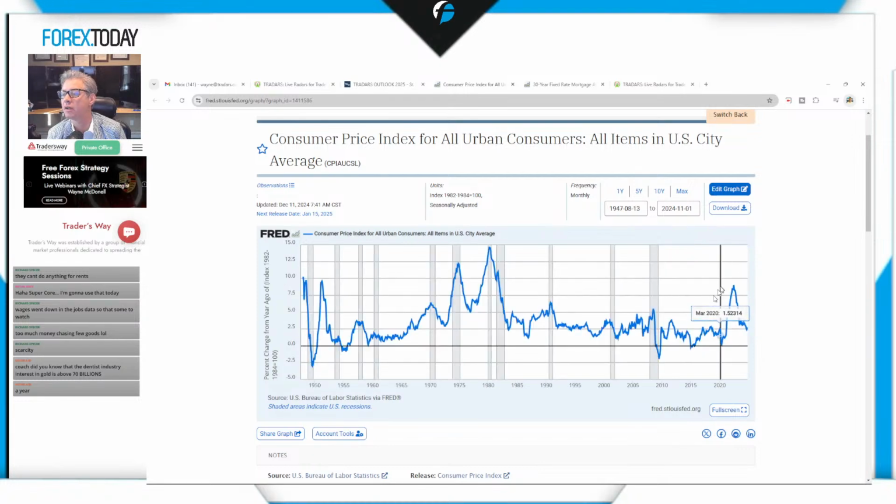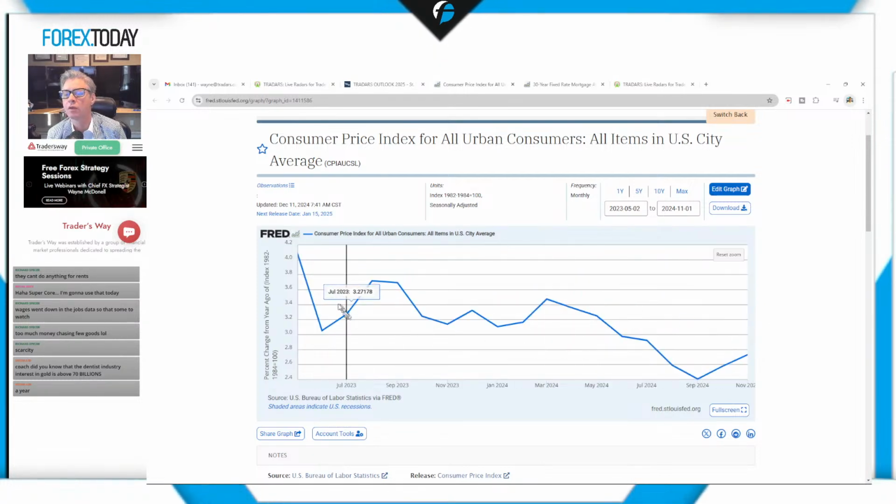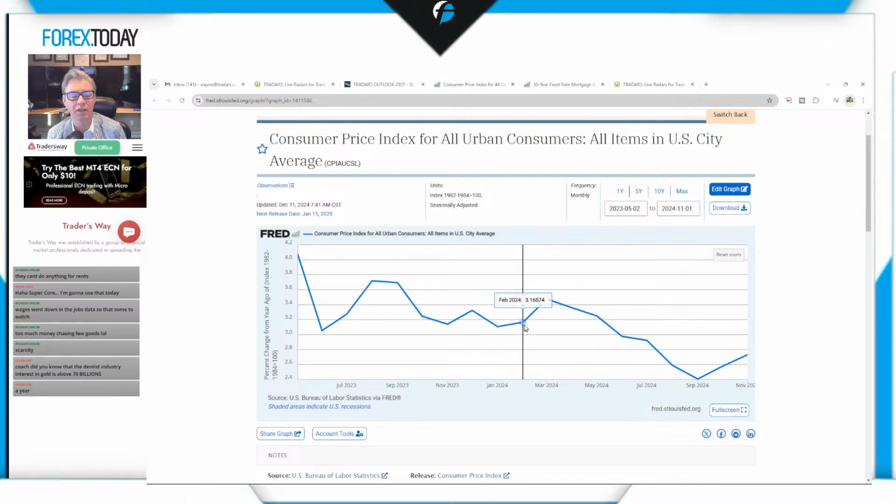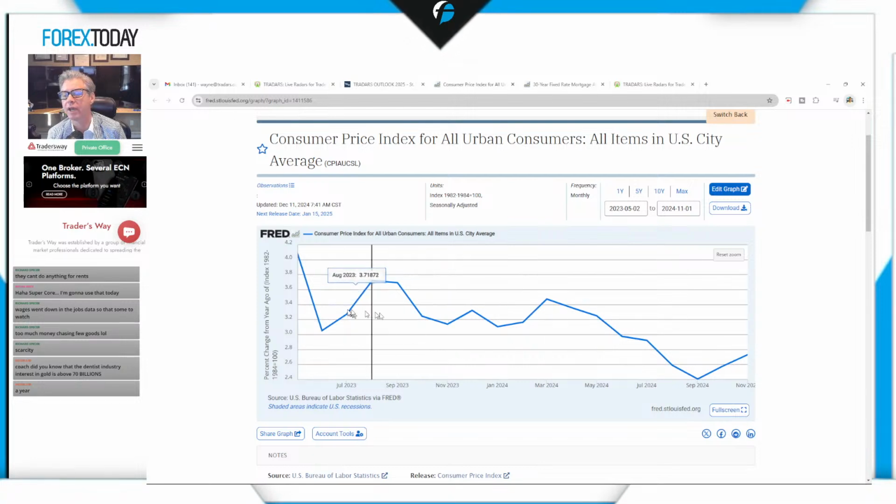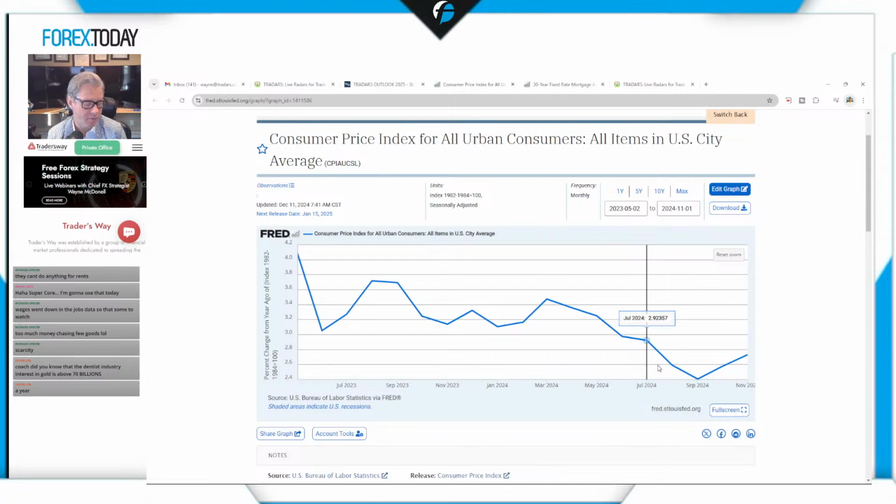I reset it here and let's go back to this current period. During this period of declining from 4 to 3 to 2 something, the Fed was talking about cutting interest rates quite a bit. They were quite confident that inflation was under control and that they could normalize the Fed funds rate and go to R star.